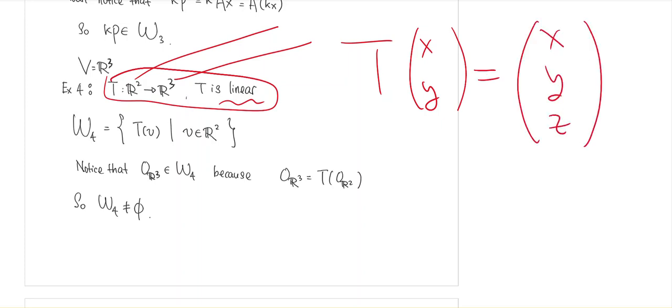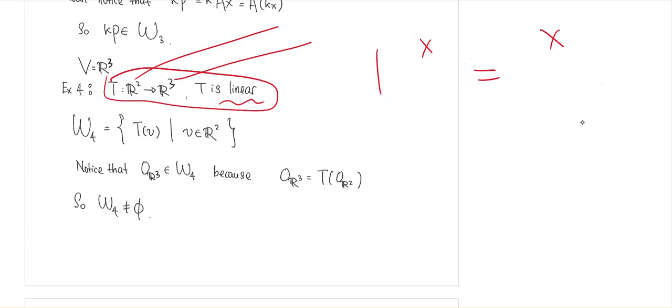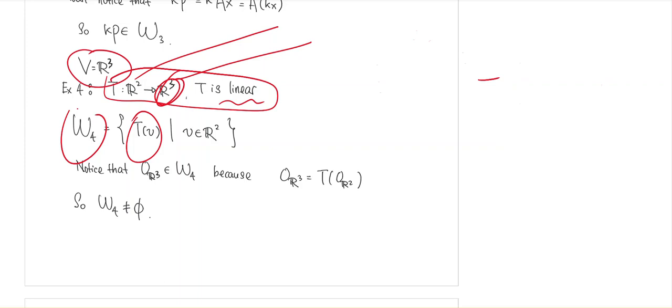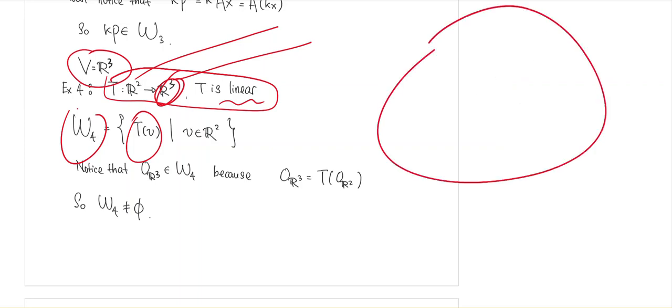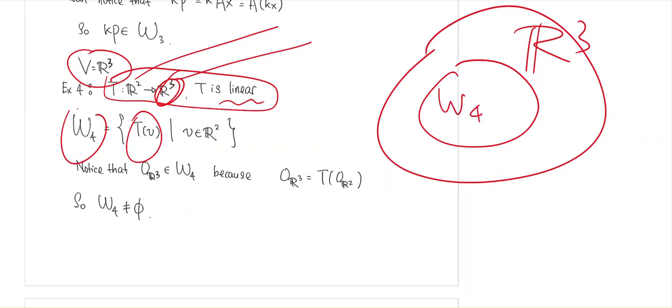So we are collecting all the T(v). Obviously T(v) will be in R3, so we want to figure out whether W4 is a subspace of R3. W4 is a subset of R3, and we don't know whether it is just a subset or a subspace.